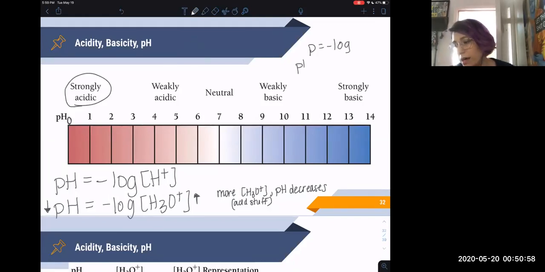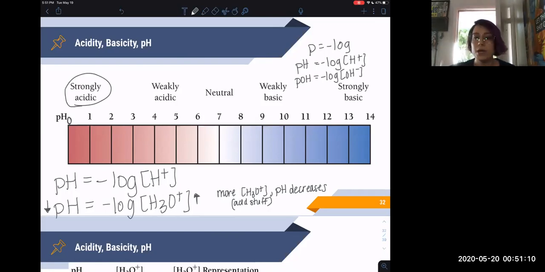So the pH is the negative log of H. What's the pOH? The negative log of what? OH. P of something is the negative log of that thing. That's what it means. Somebody was doing their math, they just denoted P, so that's what we took it for.